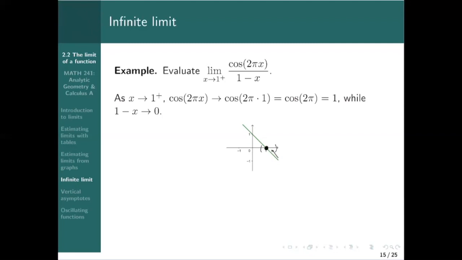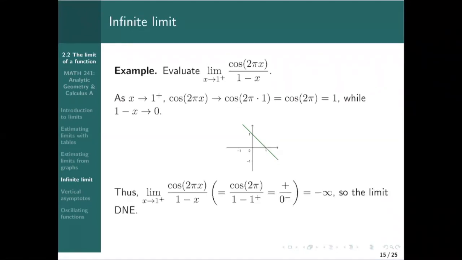But because the graph of the function is below the x-axis, we say that it approaches 0, but it's negative. So this is what we have. The limit of this function is going to be minus infinity because the numerator goes to a positive number, which is 1, and the denominator goes to 0, but actually it's approaching from numbers that are less than 0. So it's like we are dividing a positive fixed number by a number that is close to 0 but negative.